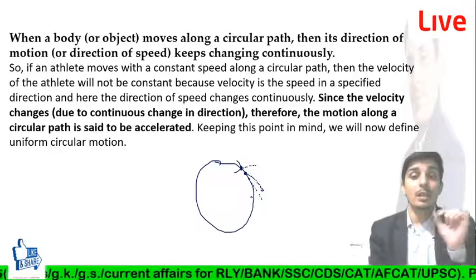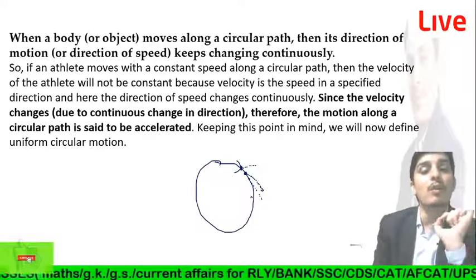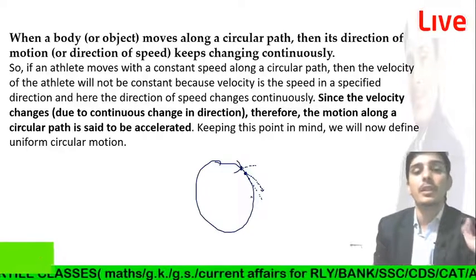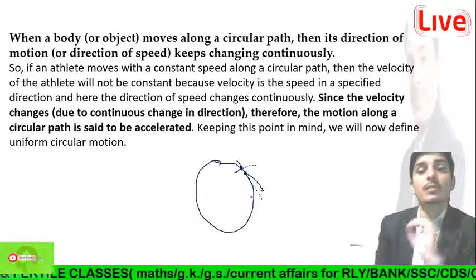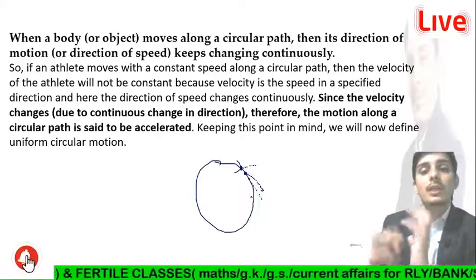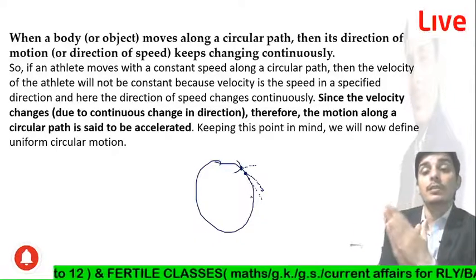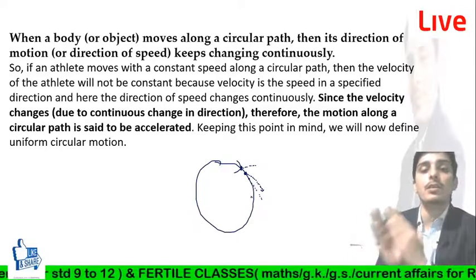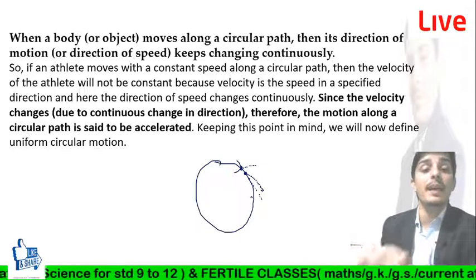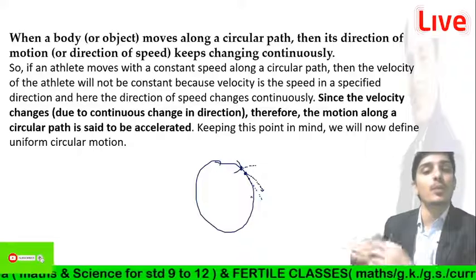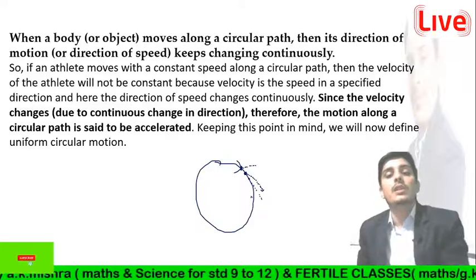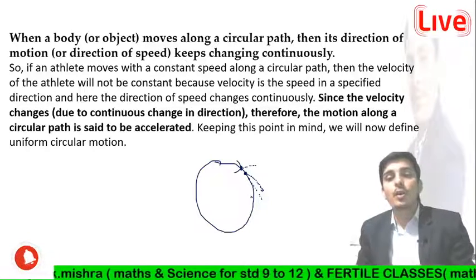That's why, if an athlete moves with a constant speed along a circular path, the velocity of the athlete will not be constant, right. Because what is velocity, guys? Speed plus direction. When we take the speed with the direction, it is converted into velocity, and velocity is speed in a specified direction, and here the direction of speed changes continuously, so the velocity changes due to the continuous change in direction, right.